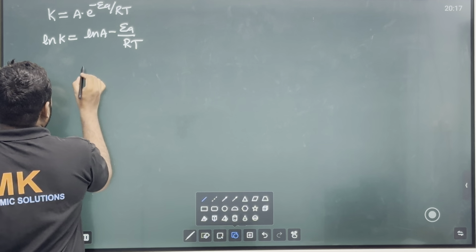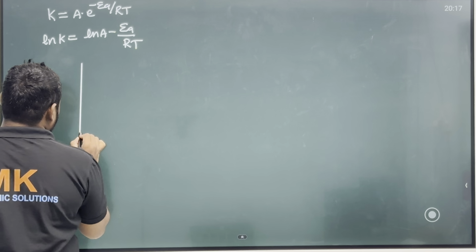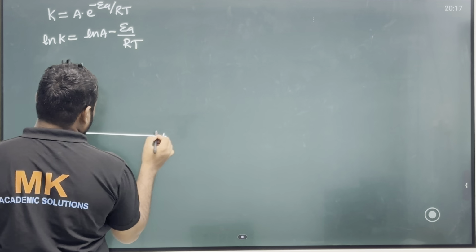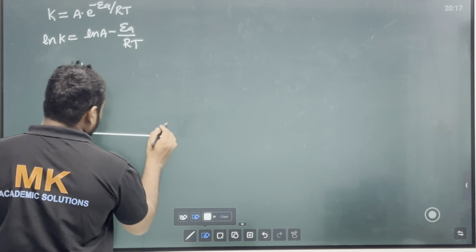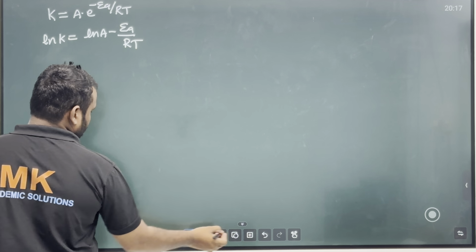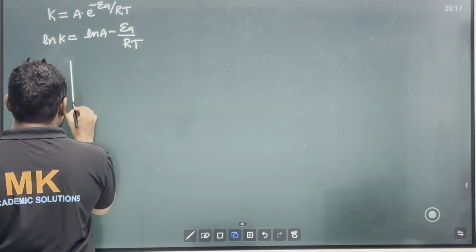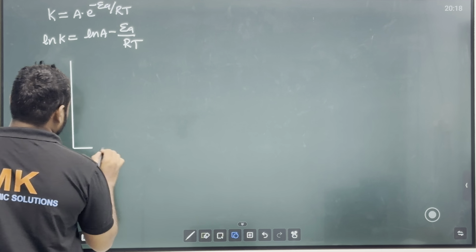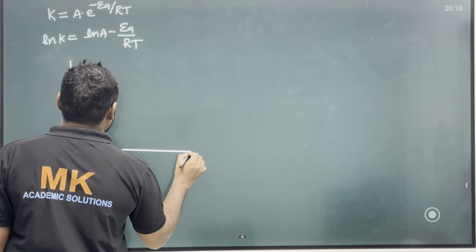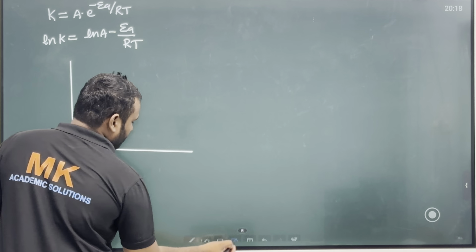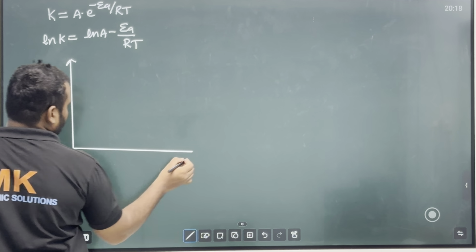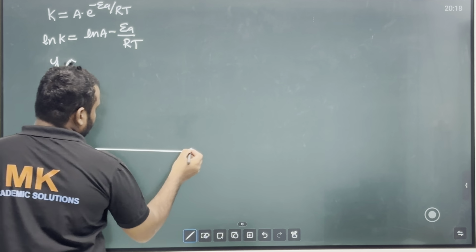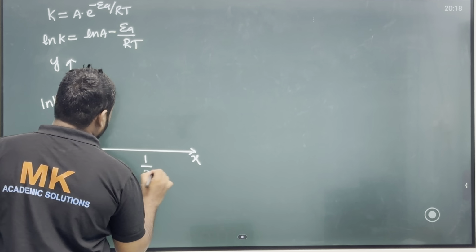On the y axis I am going to take ln k, and on the x axis I am going to take 1 by T.